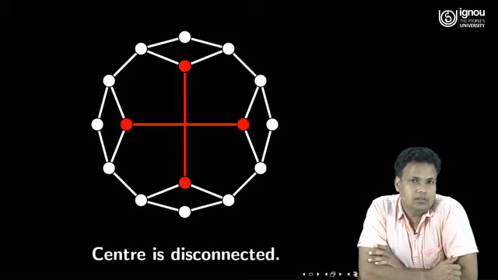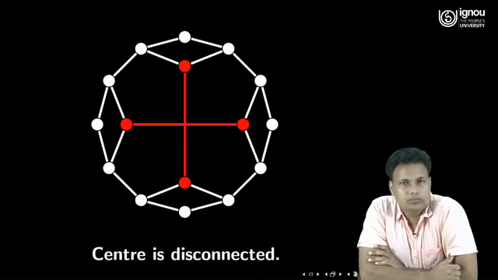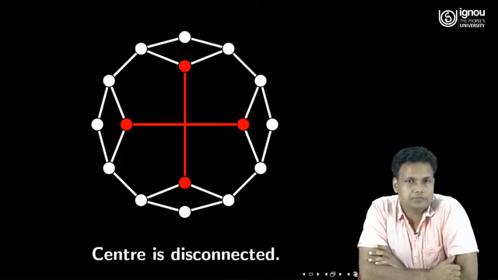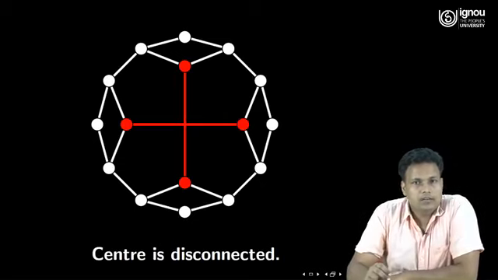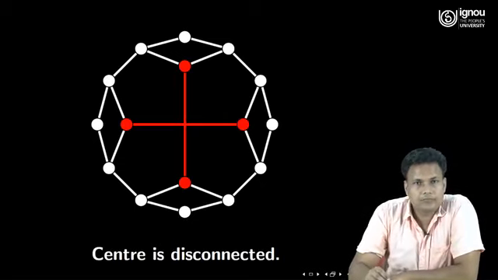There is no path from one vertex to another that goes only through this subgraph. So this is a graph which has a disconnected center.